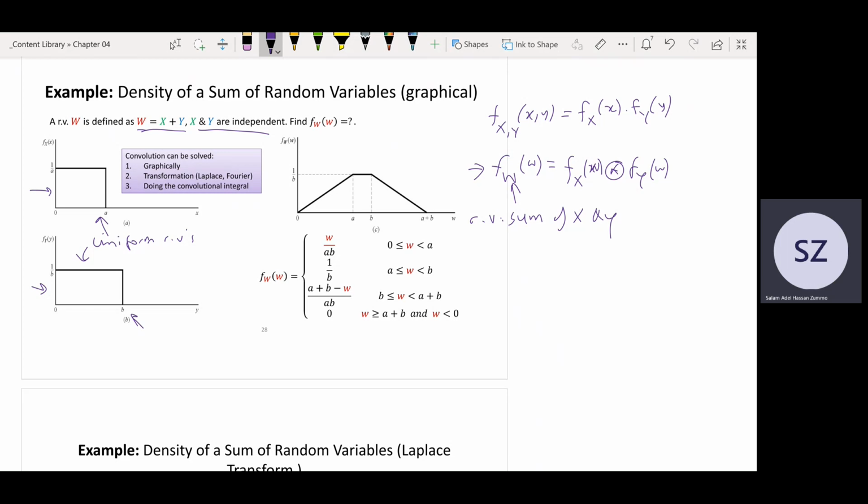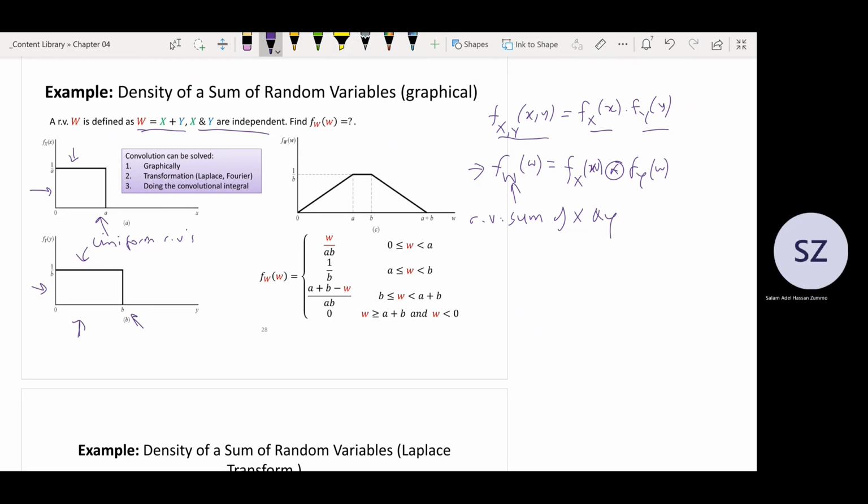While this is the joint PDF of X and Y, which, because they are independent, is equal to the PDF of X multiplied by the PDF of Y. The joint PDF is a function of x and y, while f of W is a function of W because it's a single value. We need to distinguish between the two. The way we do it is we simply convolve this PDF with this PDF.